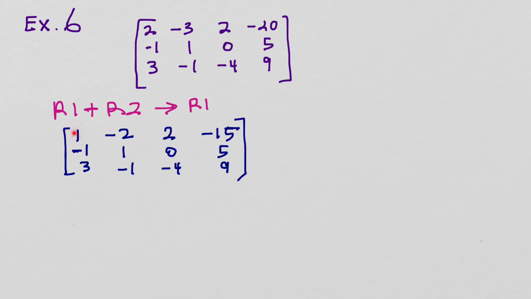So now I have my pivot 1 here, and I'm going to use that to zero out this element. So that would be R1 plus R2 gives row 2.